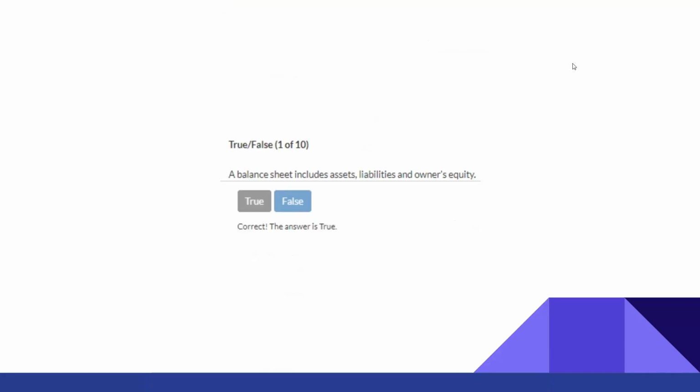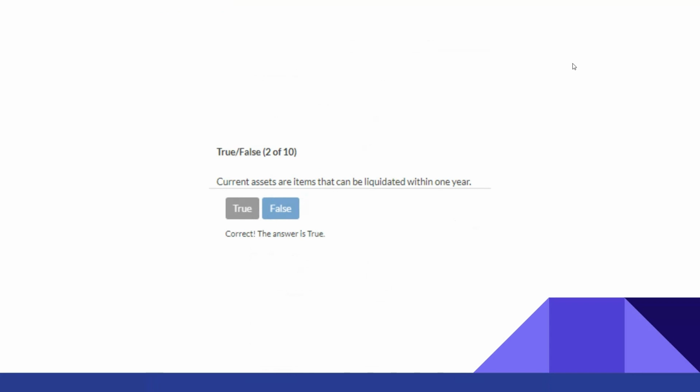True or false? A balance sheet includes assets, liabilities, and owner's equity. The correct answer is true. Current assets are items that can be liquidated within 1 year. True or false?